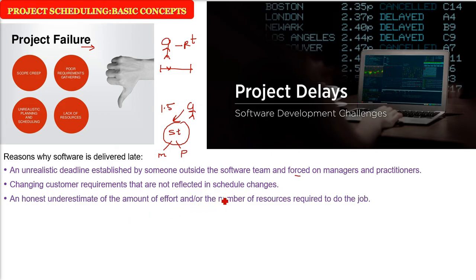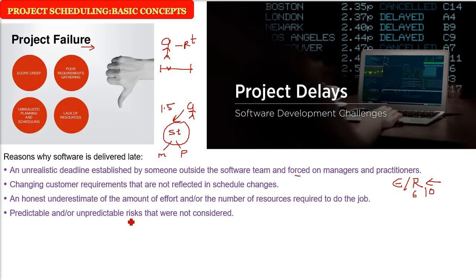There may be a case of honest underestimation of the amount of effort or the number of resources to be employed to get the job done, which is not properly managed or understood. For example, 10 people are needed, but only 6 people are given the job or hired.